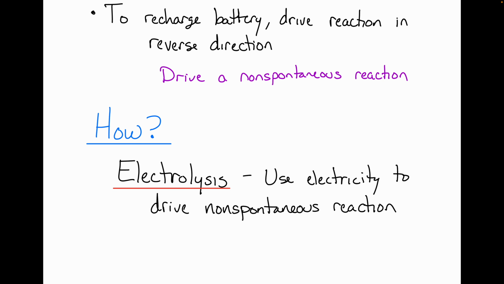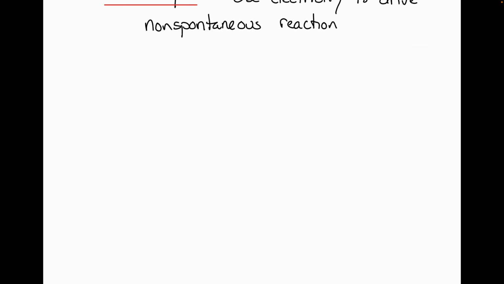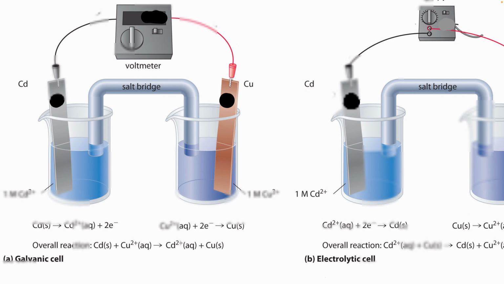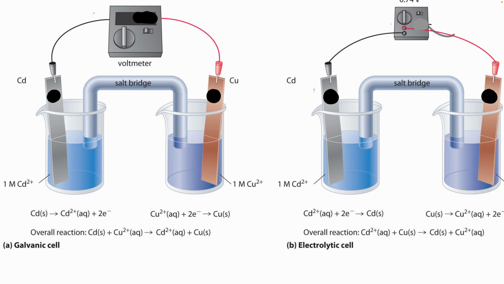Okay, so first, let's go back and look at this diagram. This is of our normal old, what's called either a galvanic or voltaic cell. Those are synonymous with one another.